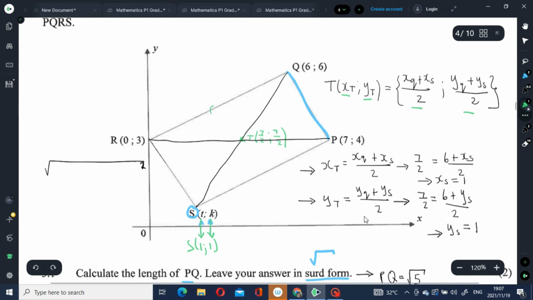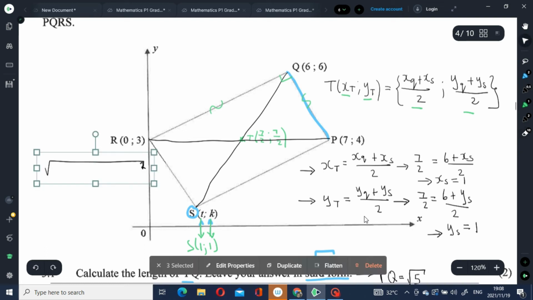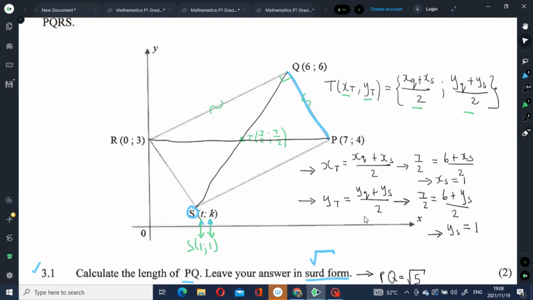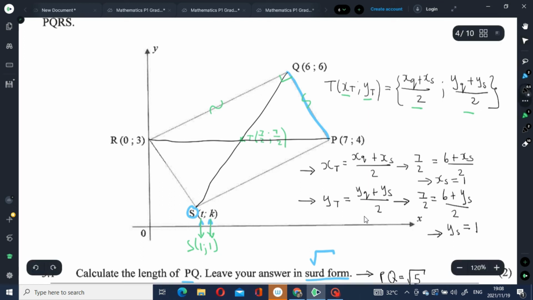Use a color to denote where those lines are, and the angle between the two lines should be 90 degrees. So we need to prove that the product of the gradients of those two lines, product means multiplication for those that don't know, has to be -1, meaning the gradient of QP multiplied by the gradient of RQ should be equal to -1.